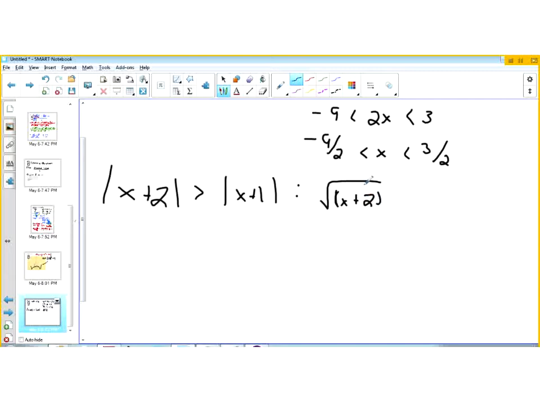So using the definition of absolute value, absolute value of x plus 2 can be reformulated as the square root of x plus 2 quantity squared, and that must be greater than the square root of x plus 1 quantity squared. And then, to complete this, we go ahead and square both sides of the inequality. So we have x plus 2 squared must be greater than x plus 1 squared.